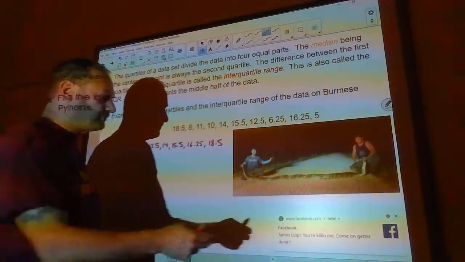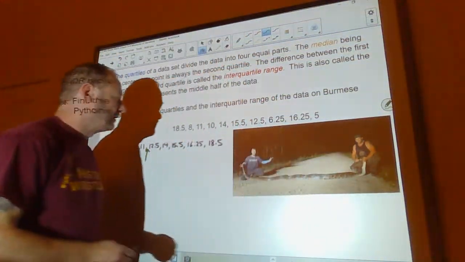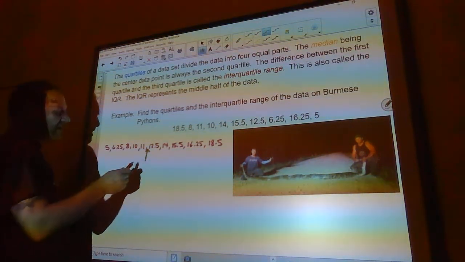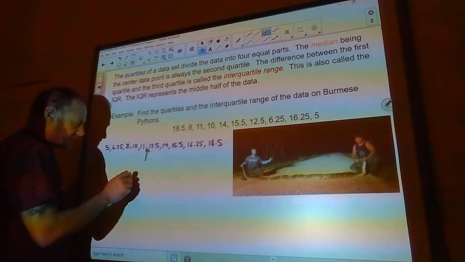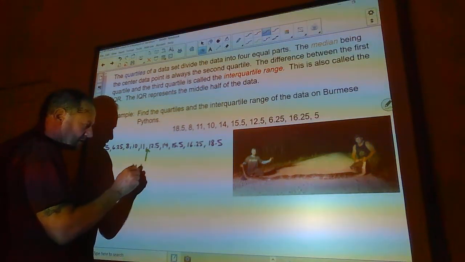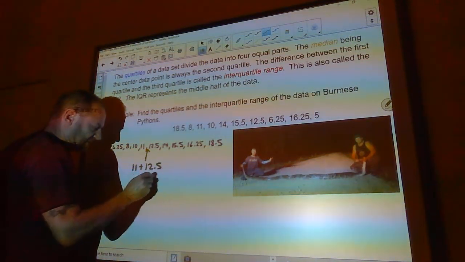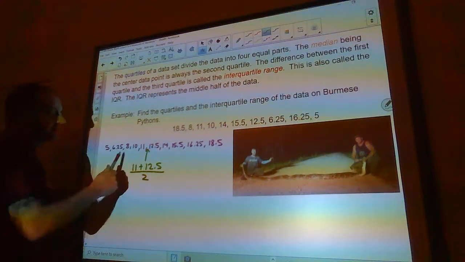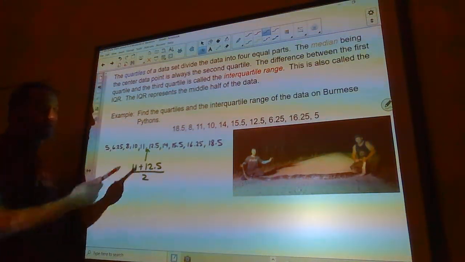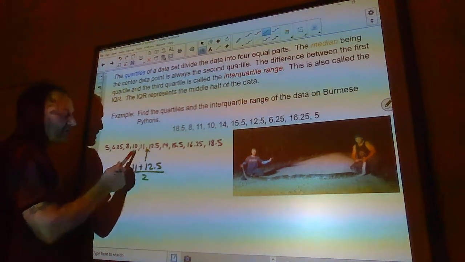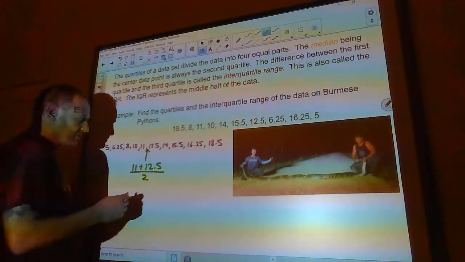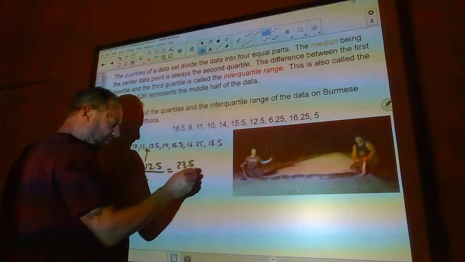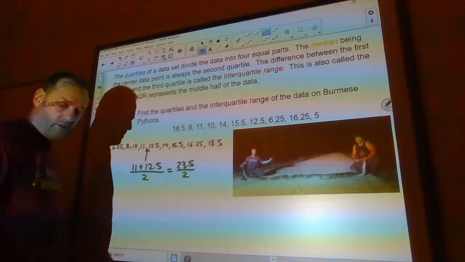And so what you want to do is find the median of that. I'm going to take 11 plus 12.5 and divide that by 2. If there was an odd number of numbers here, I would just take the middle one. But with an even number, you take the 2 middle ones, add them together, and divide by 2. So this is going to be 23.5 divided by 2.